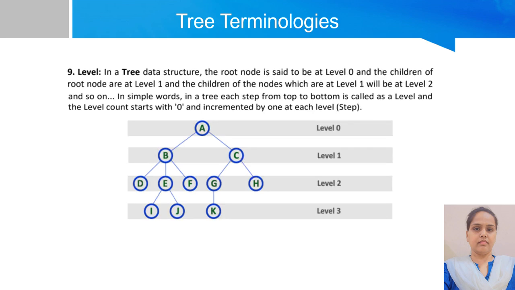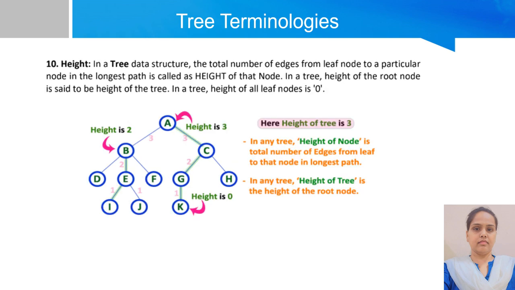Level. Root is at level 0 and its children are at level 1 and their children are at level 2 and so on. Height. Height is the number of edges from a node to the deepest leaf. Height of the tree is the height of the root.